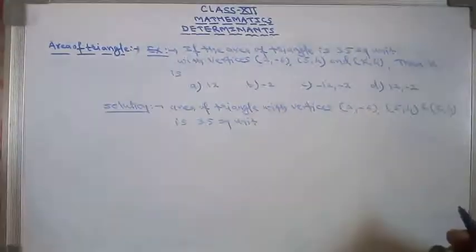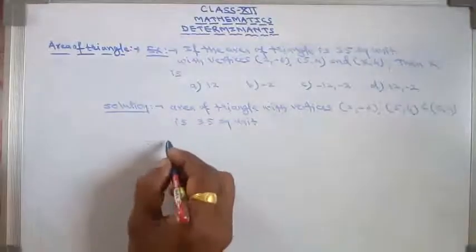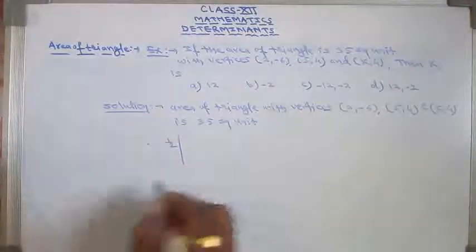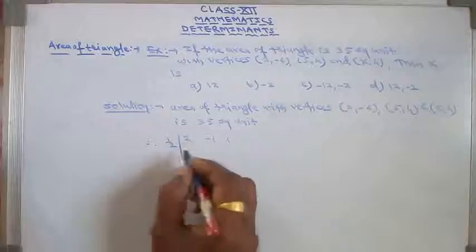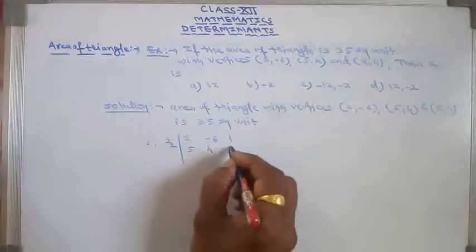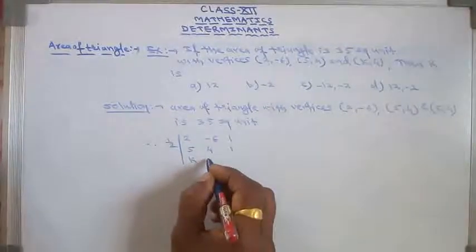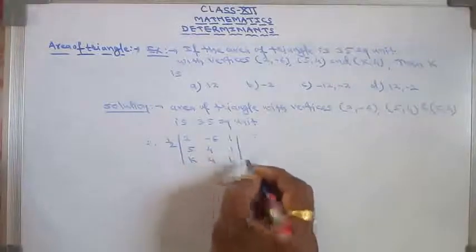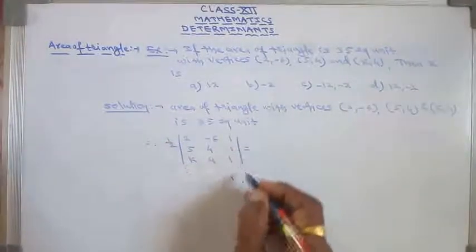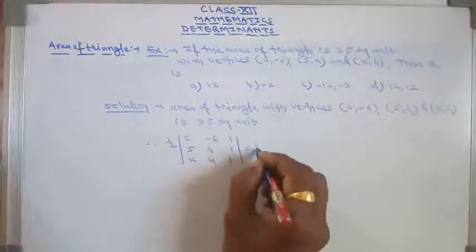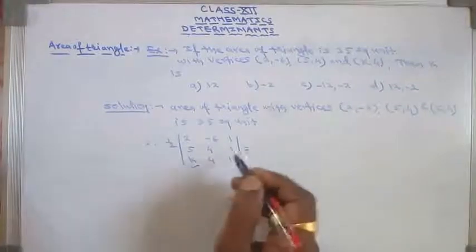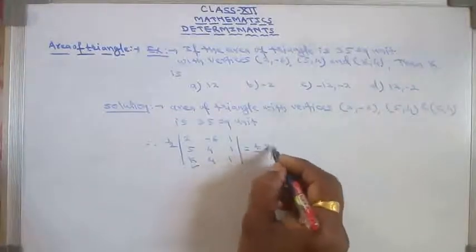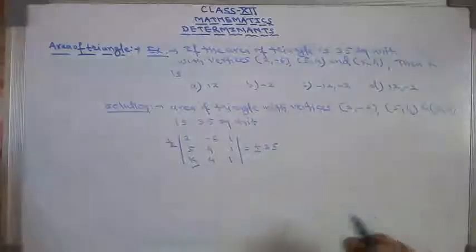We have to find the value of k. Therefore half into the determinant with rows 2, -6, 1; 5, 4, 1; k, 4, 1, equals plus or minus 35. This value may be plus or minus, but area is taken as positive, so to find k you take plus minus 35. Now solve this.